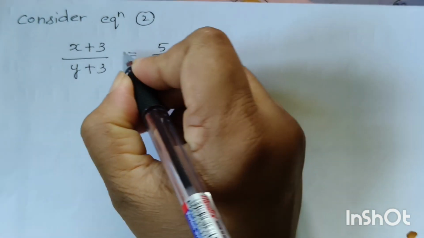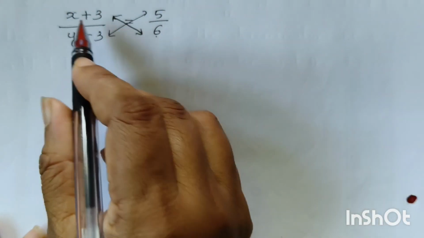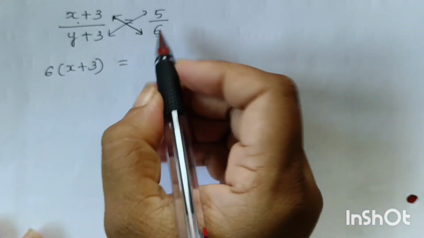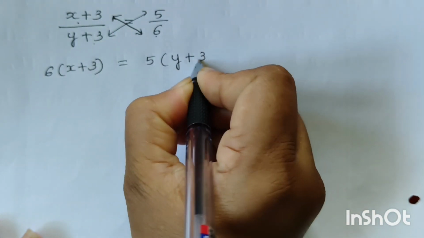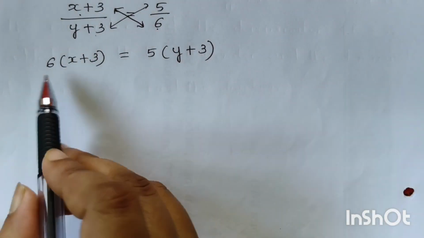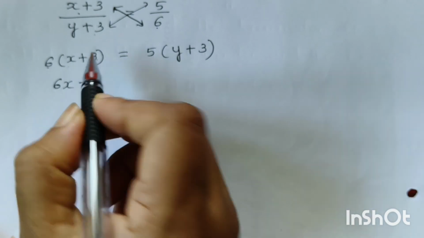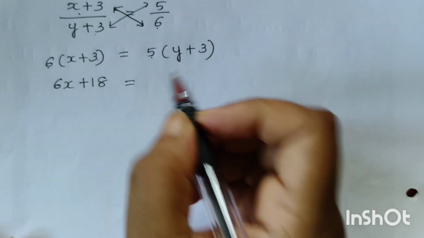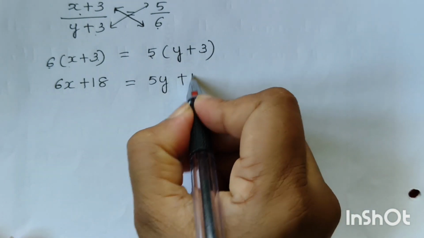To simplify this, we have to cross multiply, right? Now 6 into (x + 3) is equal to 5 into (y + 3). 6 into x is 6x, 6 3s are 18, is equal to 5 into y is 5y, 5 3s are 15.